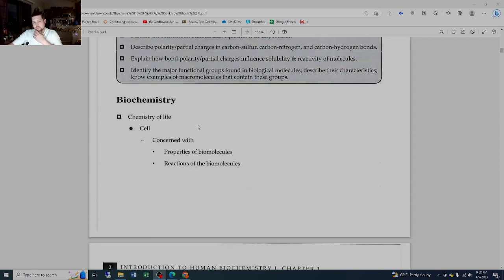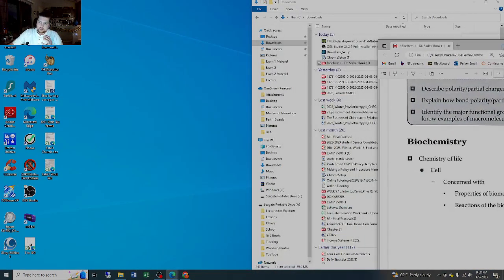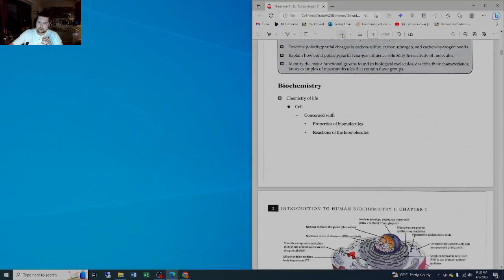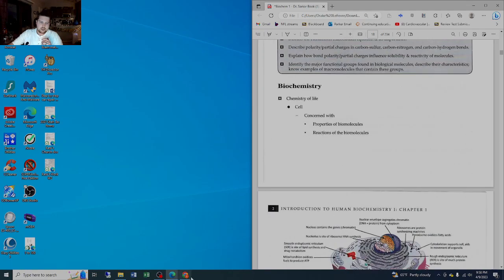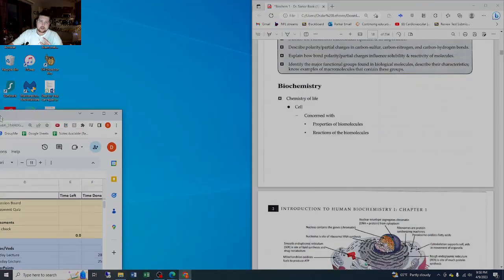Okay, so biochemistry, first of all: the chemistry of life, the cell. We're going to be concerned with the properties of the biomolecules and the reactions of the biomolecules. This is a very important thing to notice. As you start reading a textbook, vocabulary is going to be huge. This goes for your slides, anything else.